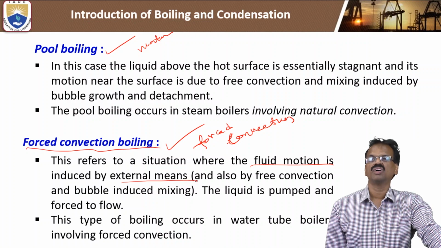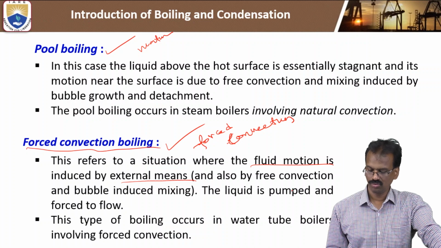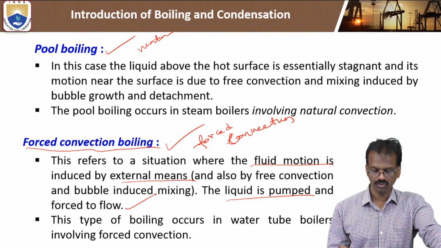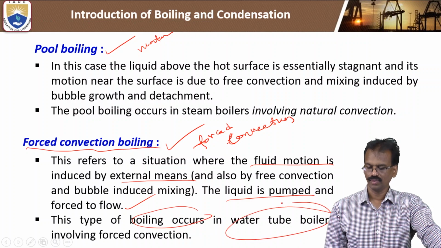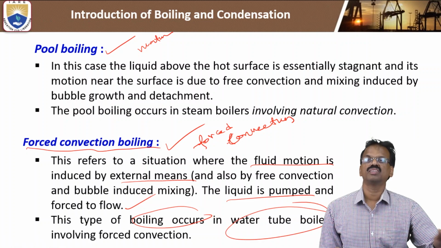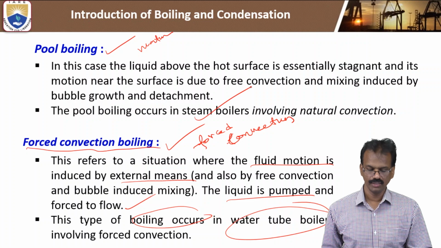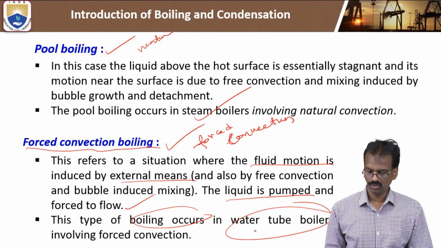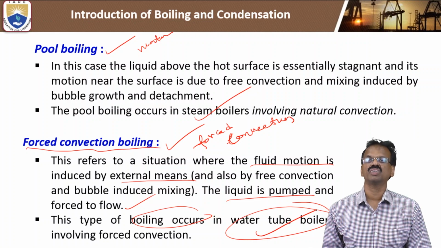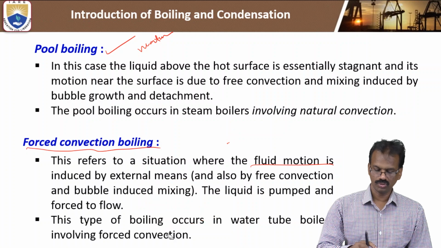So here the movement of the particles occurs by some external agent. The liquid is pumped or forced to flow. This type of boiling occurs in water tube boilers. Pool boiling you can see in steam boilers, and forced convection boiling you will see in water tube boilers. Okay, so these are the applications of pool boiling and forced convection boiling.